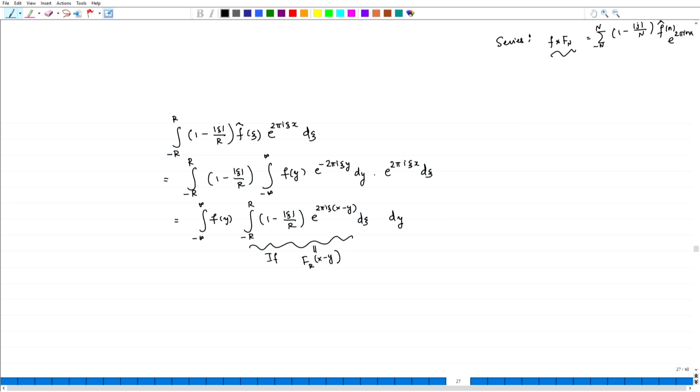Okay. So, that essentially asks us to compute the integral from minus r to r of (1 minus |xi|/r) e to the power 2 pi i xi x d xi. This obviously has a mod, which we want to get rid of.